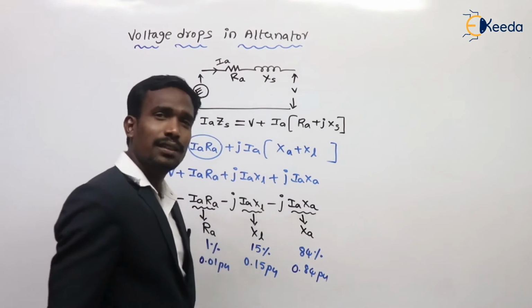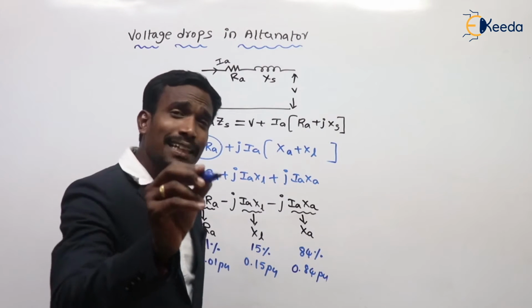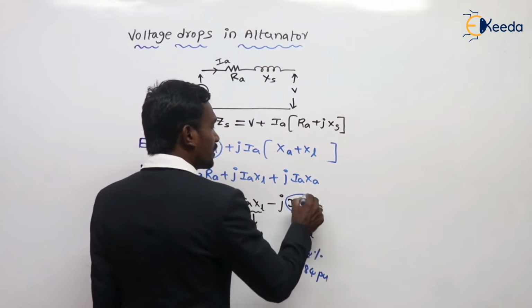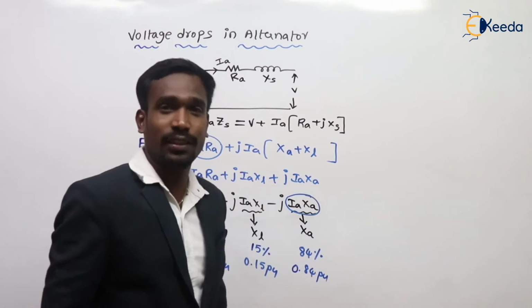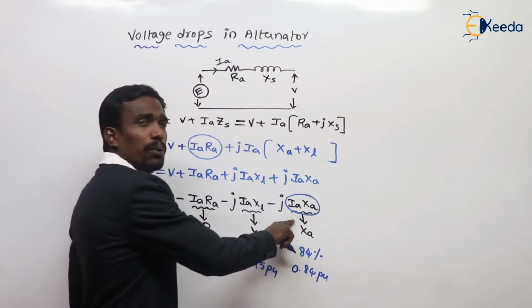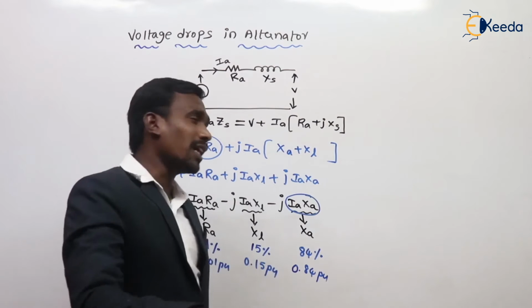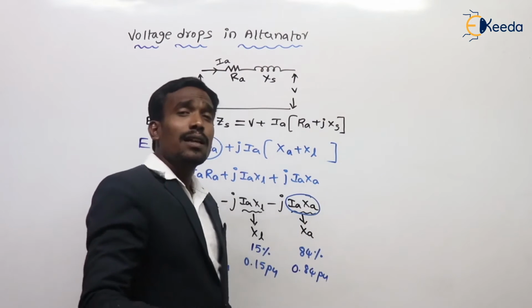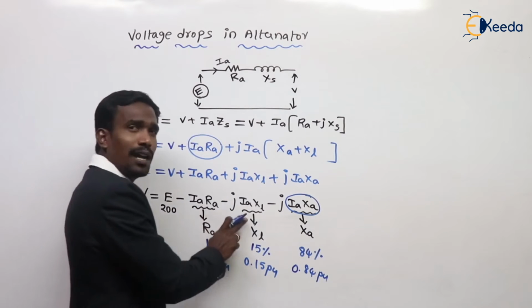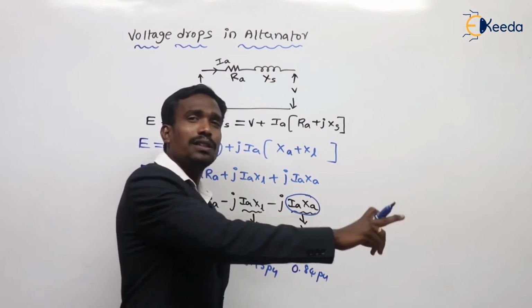Now tell me, in synchronous machine mainly drop is due to armature reactance or armature reaction. Drop due to all of the above. Mainly drop due to option C. Negligible drop due to option A. Option B, option C, option D, all of the above.